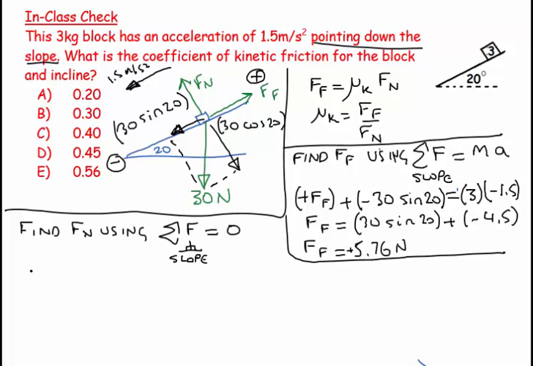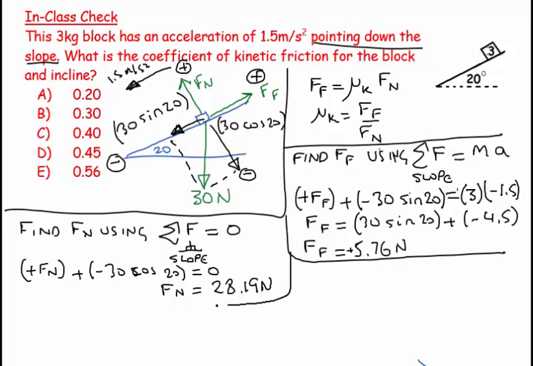Let's have a positive end and a negative end. So plus Fn added to minus 30 cosine 20 is equal to 0. So Fn is equal to 30 cosine 20, which is 28.19.